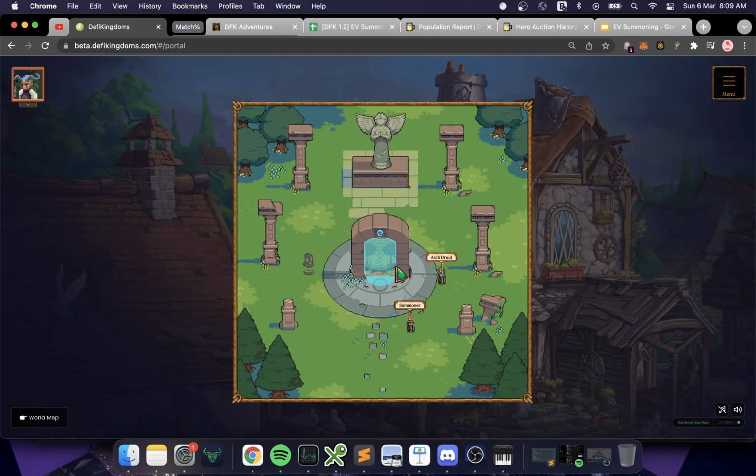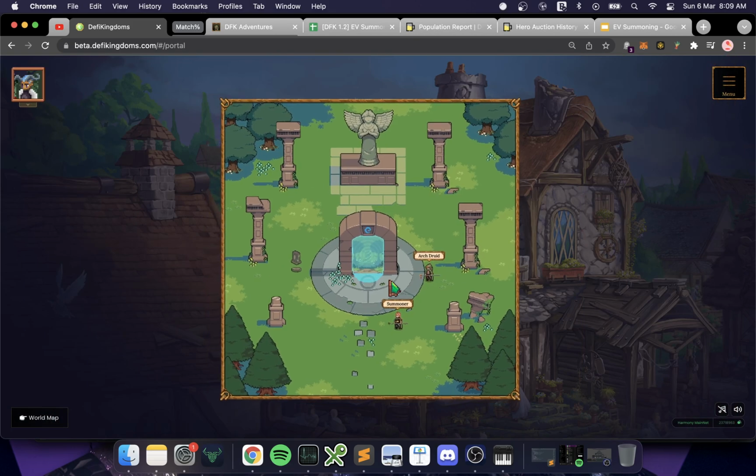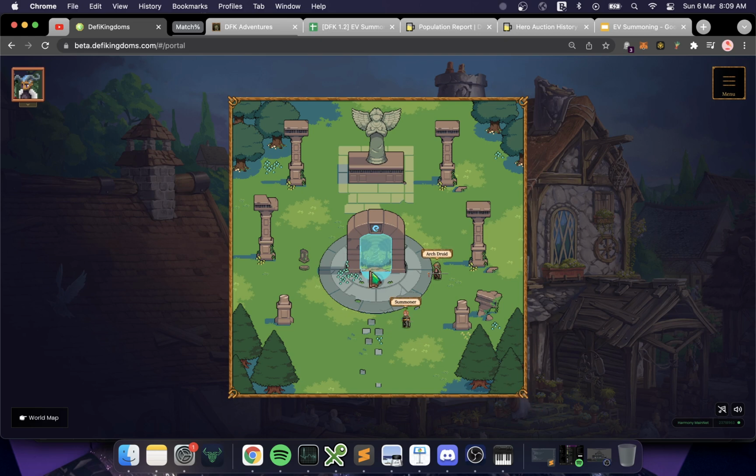I think they changed it. If it doesn't load, you'll have to go to your inventory. No! There's no way. Okay, fine. Isn't there a better way? I can go to DFK Tower, DFK Tracker. Oh wait.